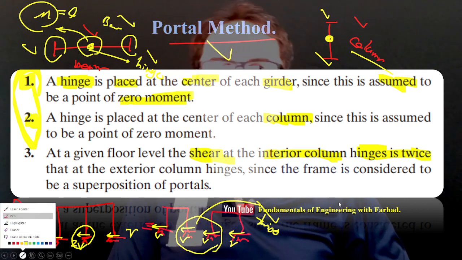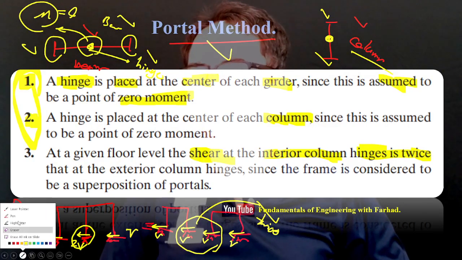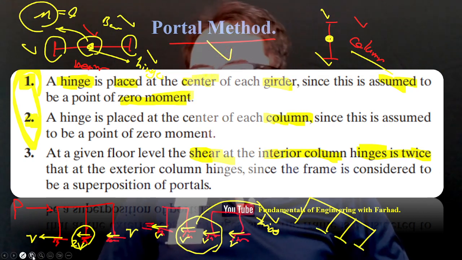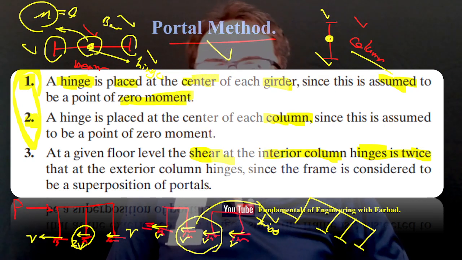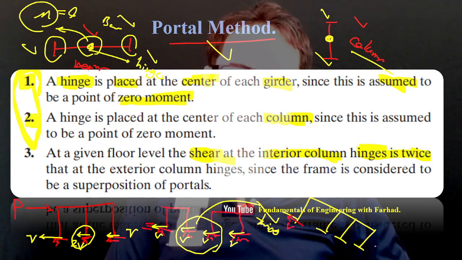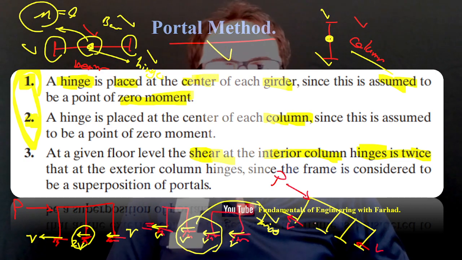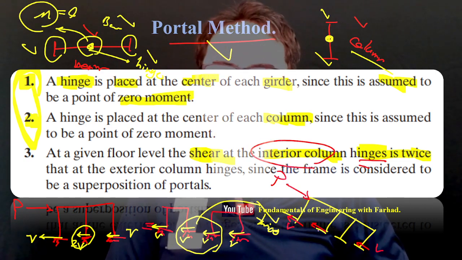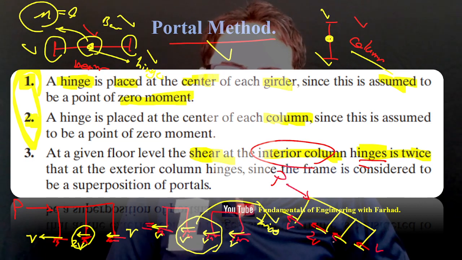And likewise, in such a case, this is V, this is V, if you have a horizontal force there. The interior column hinge is 2V. So this is 2V and this is 2V.